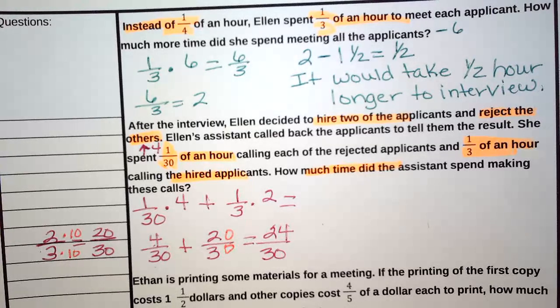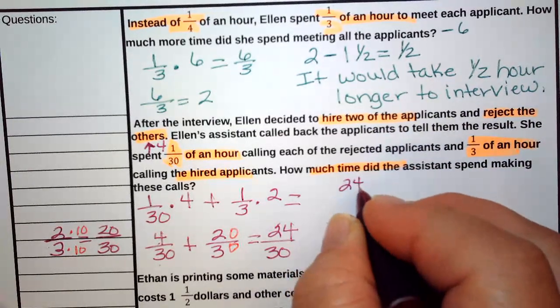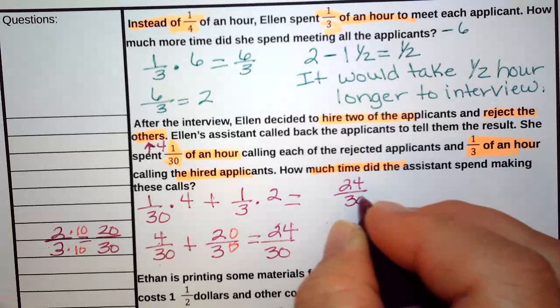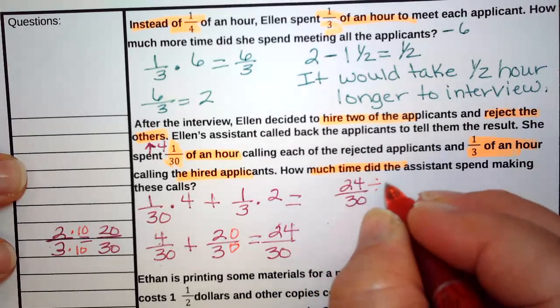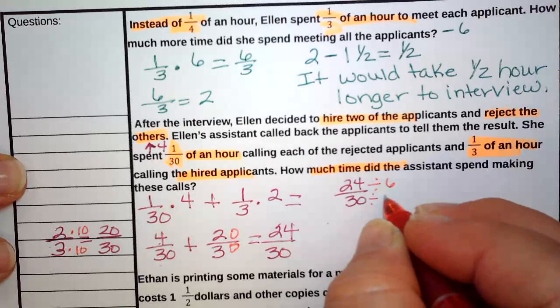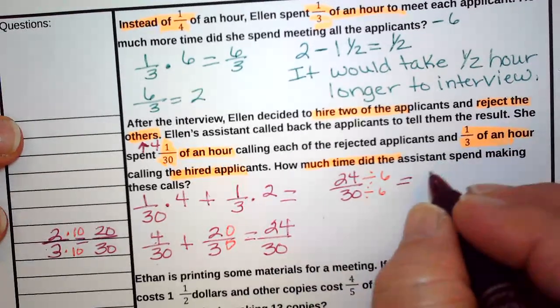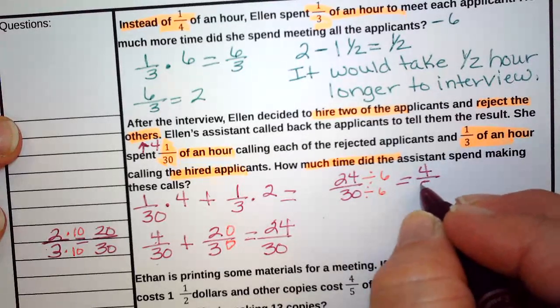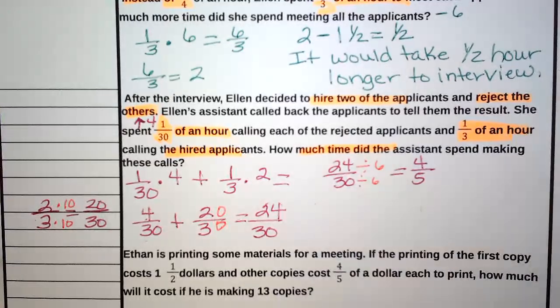So to simplify, I'm going to divide top and bottom by 6. So she spent 4/5 of an hour.